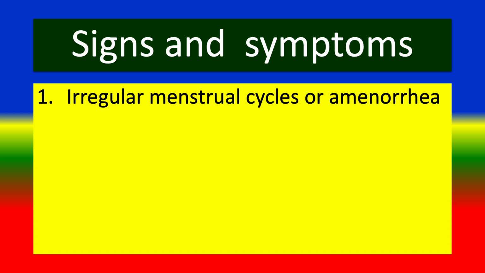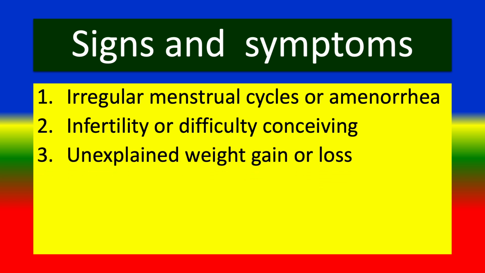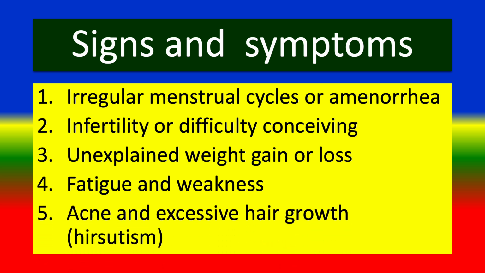Signs and symptoms. 1. Irregular menstrual cycle or amenorrhea. 2. Infertility or difficulty conceiving. 3. Unexplained weight gain or loss. 4. Fatigue and weakness. 5.